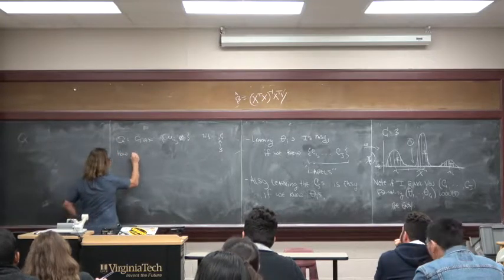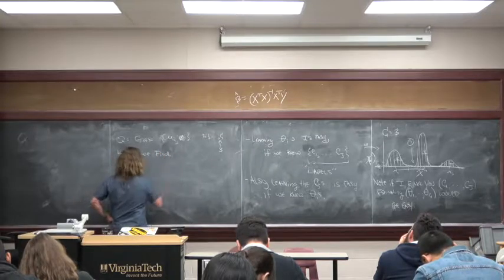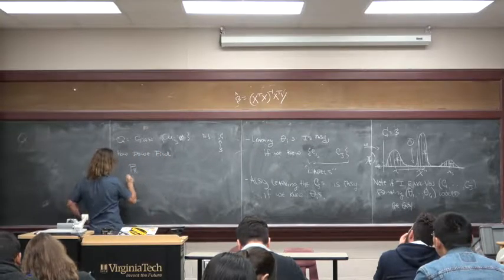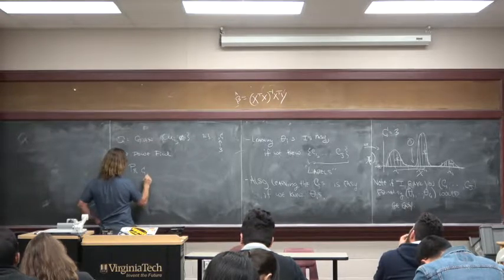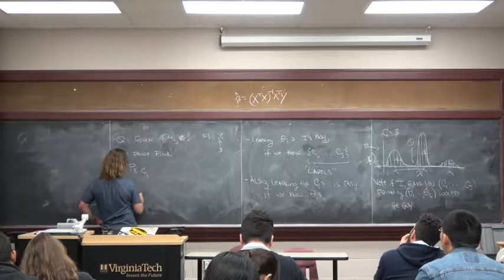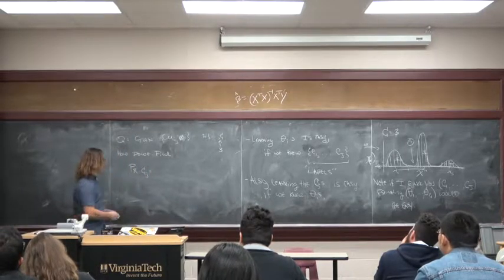How do we find the probability of Cj is equal to one of these numbers right here?